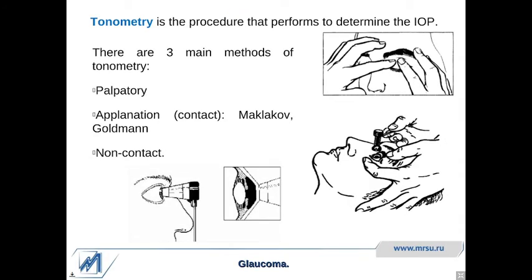What about tonometry? Tonometry is a procedure performed to determine the IOP. There are three main methods of tonometry. Palpatory method, you can see it here in the upper picture. Applanation contact variants are the Maklakov method and the Goldmann method. And there is a non-contact procedure of tonometry.